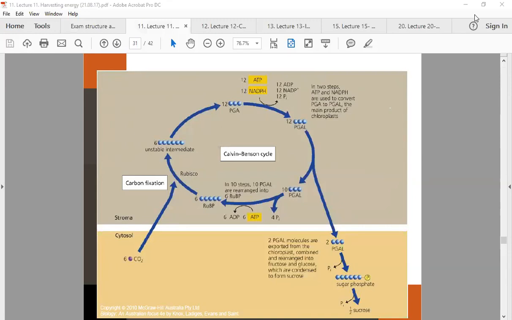Okay, does anyone see anything else important? So remember the final products, the major products from the first part of photosynthesis drive the Calvin-Benson cycle. Can anyone see those?